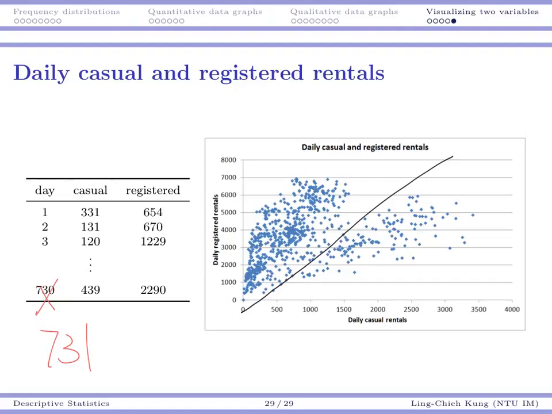We will leave those numerical descriptions or measurements to the next lecture. In this lecture, we will stop here with the introduction of these useful graphs.